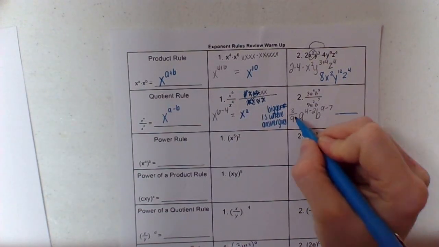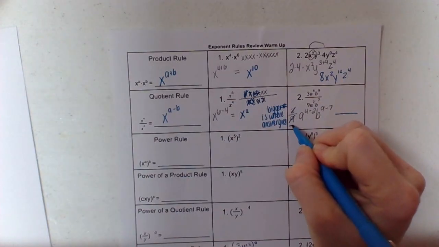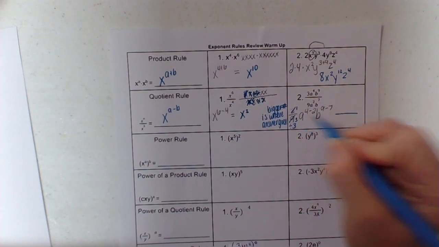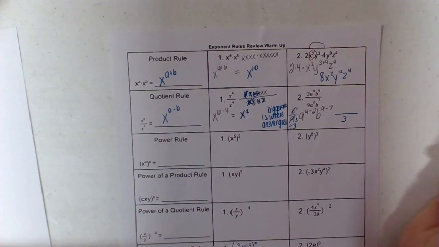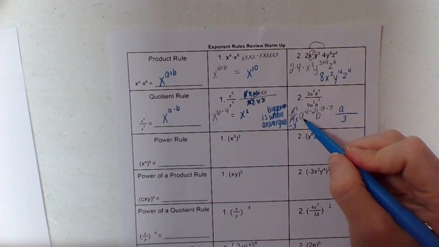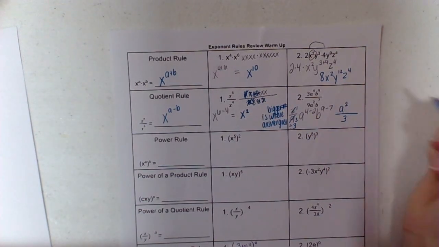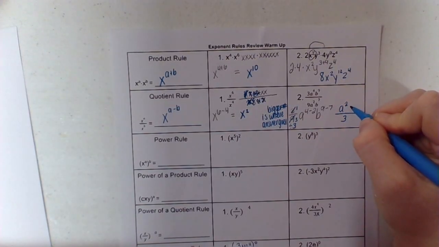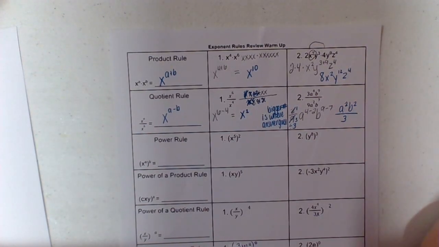I can simplify that fraction by dividing both of these by 3. It's going to leave me a 1 on top, 3 on the bottom. For my a's, I'm going to have 4 minus 2, leaves me 2 on top. B's, I have 9 minus 7, it's going to leave me 2 on top. I basically canceled out a whole bunch of them.